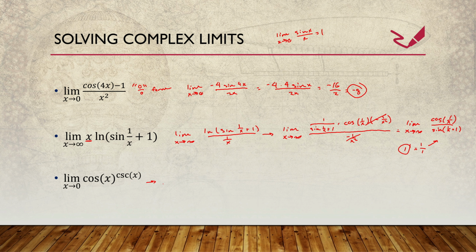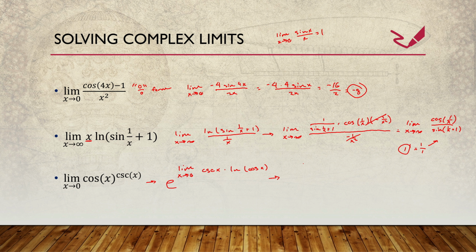So based on knowing that, we can rewrite this entire expression as e to the limit as x approaches 0 of cosecant x times the natural log of cosine x. So by just knowing that, you can use L'Hospital's, because as it approaches 0, it goes to infinity times 0. So let's work on that.